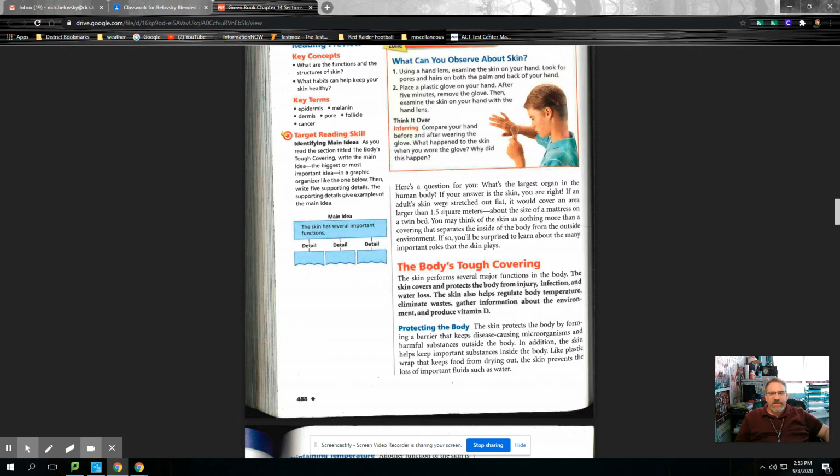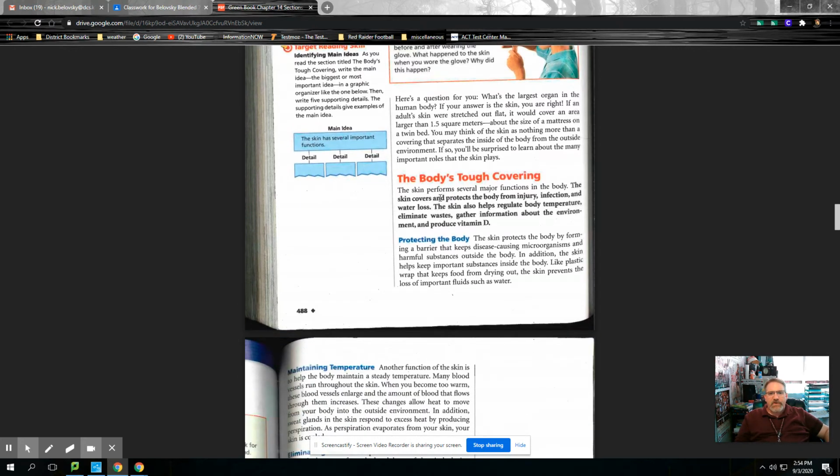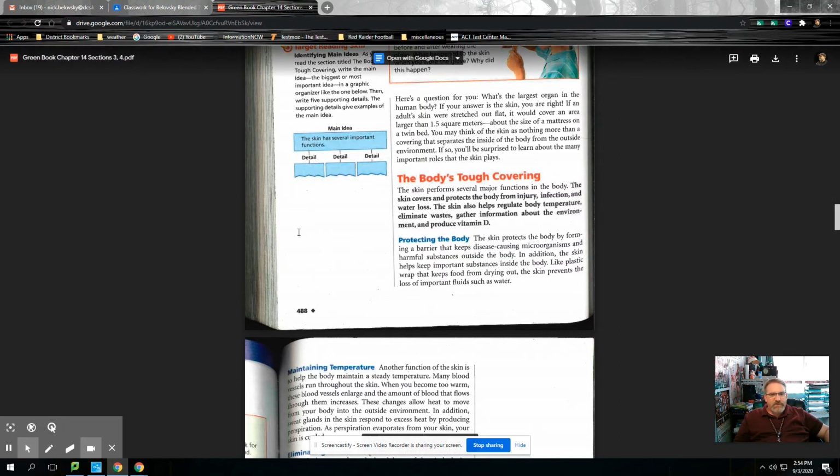All right. So the first thing that you need to write in your notes is you need to write down jobs of the skin. For your notes, you need to write down jobs of the skin.